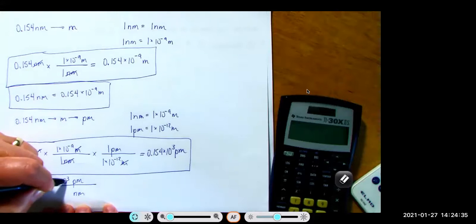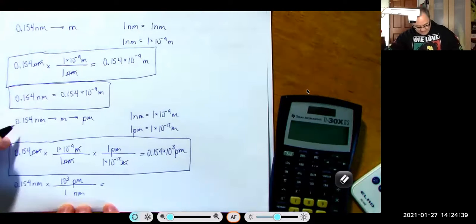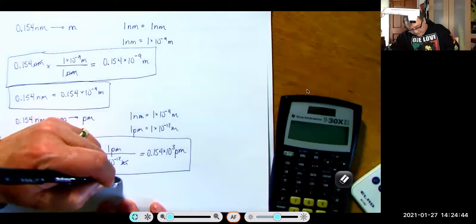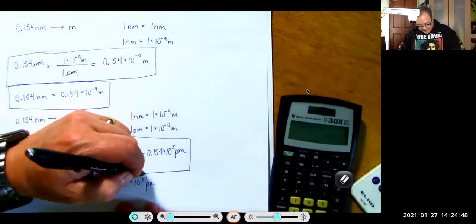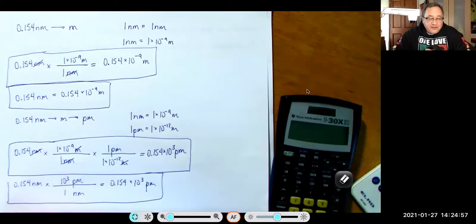Like that? Yep. And let's see what you get here. And can you see that you get the same answer? Uh-huh. Why did you put the 10 to the 3 on top? Because it's the smaller unit. Because a picometer is a smaller unit and the bigger number goes with the smaller unit. Okay?